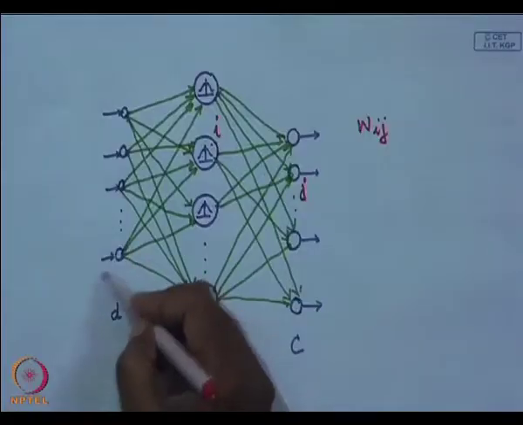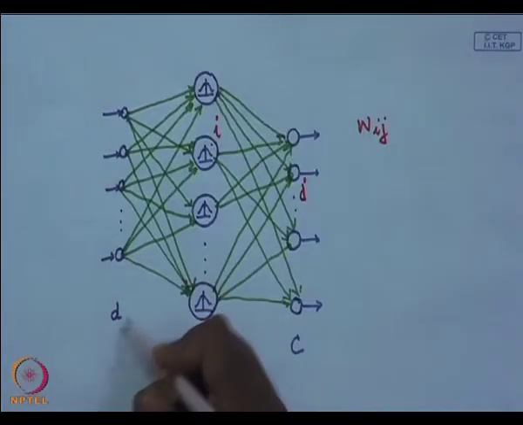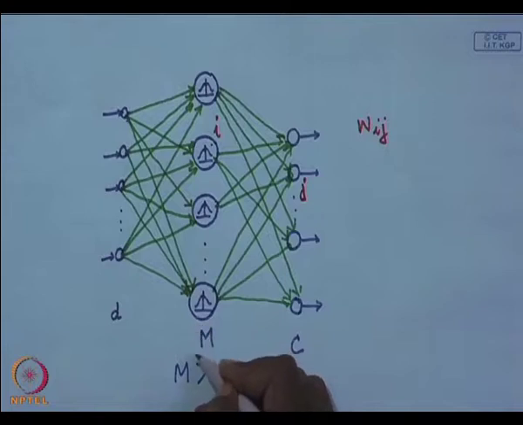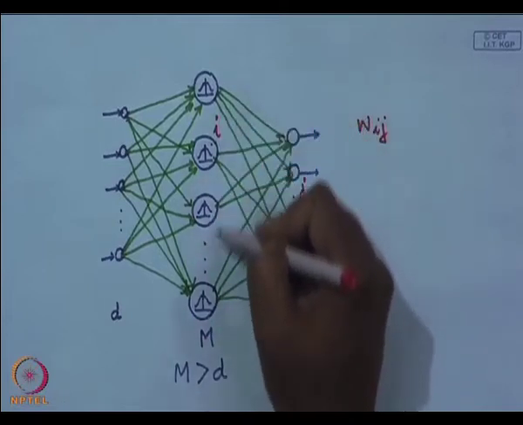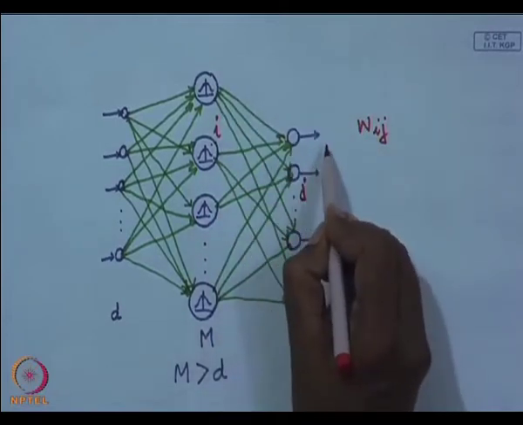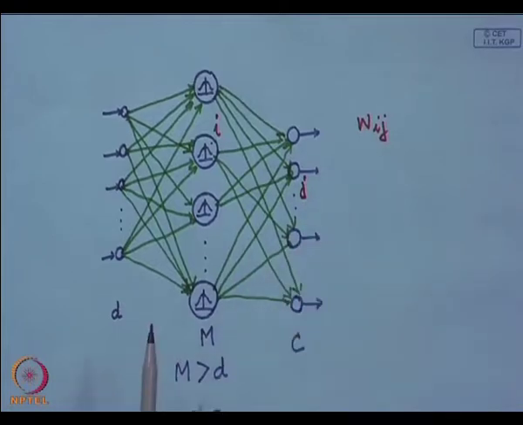So, the feature vectors in the d-dimensional space which are not linearly separable, when I cast them into an m-dimensional space where m is greater than d, it is more likely that those feature vectors will be linearly separable in the m-dimensional space. And once the feature vectors are linearly separable in the m-dimensional space, then the linear combination of the outputs of these hidden layers is likely to give me the class belongingness.